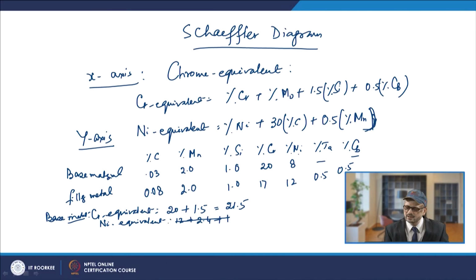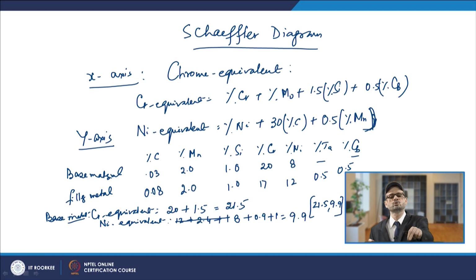Basically for the base metal, the nickel is 8, then you have carbon as 0.03, so 0.03 times 30 will be 0.9, and then you have 0.5 times manganese, manganese is 2%, so it will be 1, so it will be 9.9. So for the base metal you have the 2 points, that is 21.5 and 9.9.